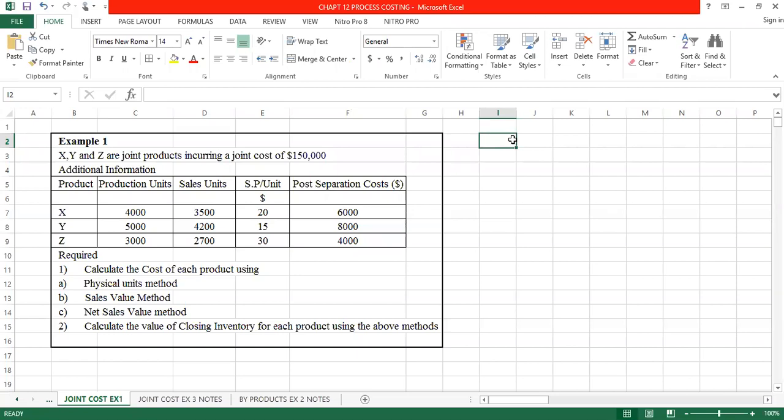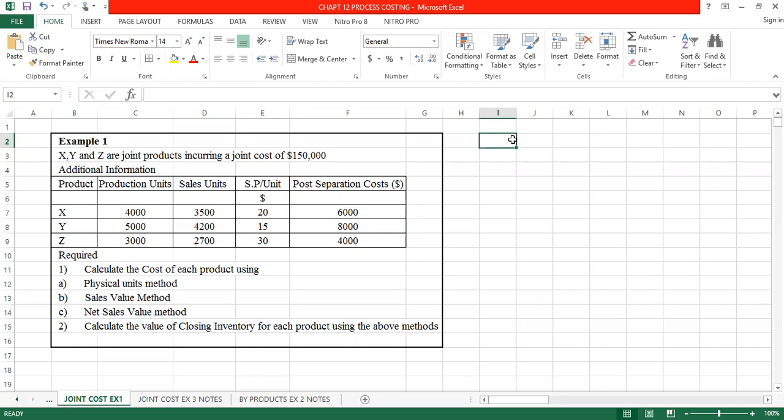Just write this question somewhere: June 2018, question 7B. You will attempt it after this class as an assignment. It is on joint costs. You will see it is exactly the same, that is why I'm not even covering it. It is even easier than this.